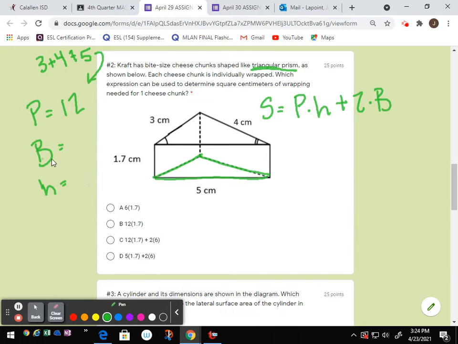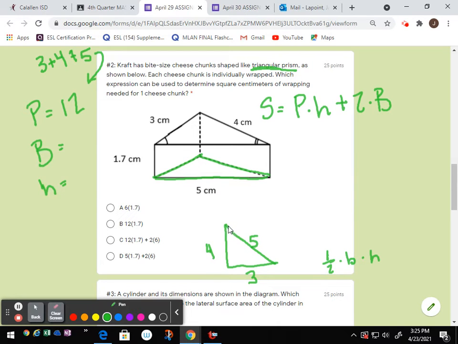Okay. Big B is the area of the base. Now we have to remember the area formula for a triangle is 1/2 times the base of the triangle times the height of the triangle. Okay, so here's our area formula. So here's our triangle. Here's our base. Okay. So it's saying this length is 5, this length is 3, and this length is 4.